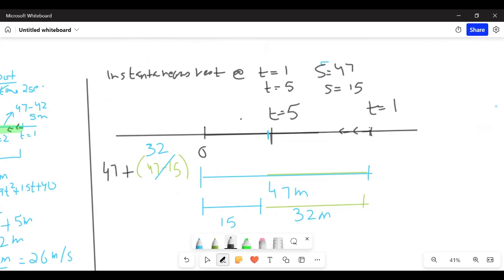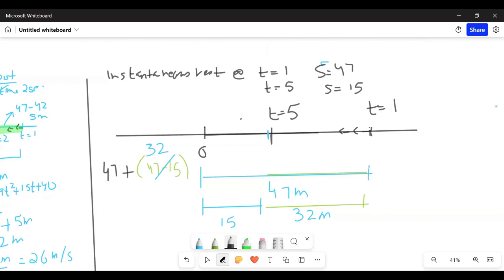Let me recap what I've done. I need the distance traveled by this particle from t equals 0 till t equals 6. Now, I cannot just use the displacement formula at t equals 0 and t equals 6, because these are the displacements, not the distances. So I'll have to find the displacements for the time when the object is at instantaneous rest, and then see how much distance has been covered within those time spans.